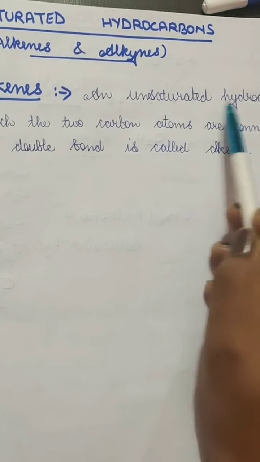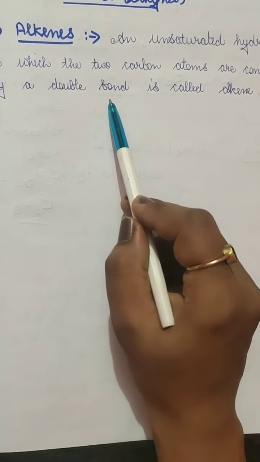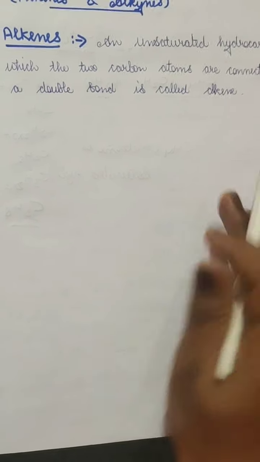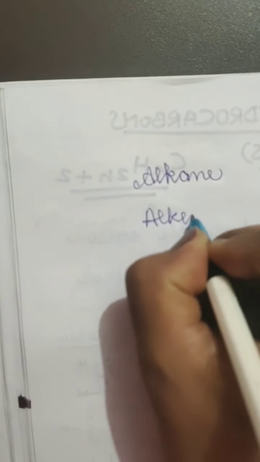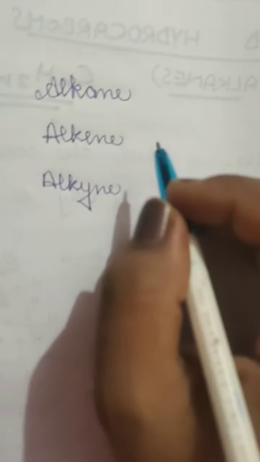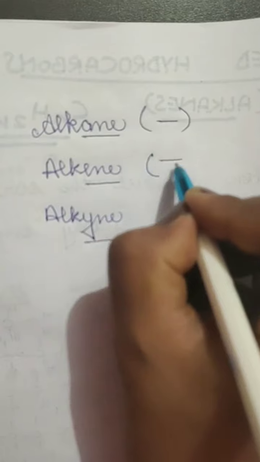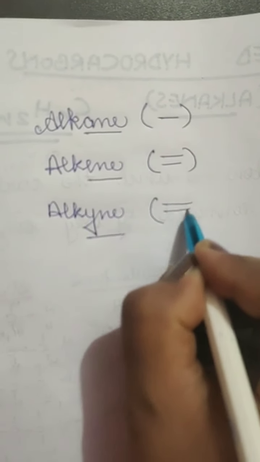An unsaturated hydrocarbon in which two carbon atoms are connected by a double bond is called an alkene. So there are three things: alkane, alkene and alkyne. Though the names look similar, there is a difference between alkane, alkene and alkyne. Alkane means single bond, alkene means double bond, and alkyne means triple bond.